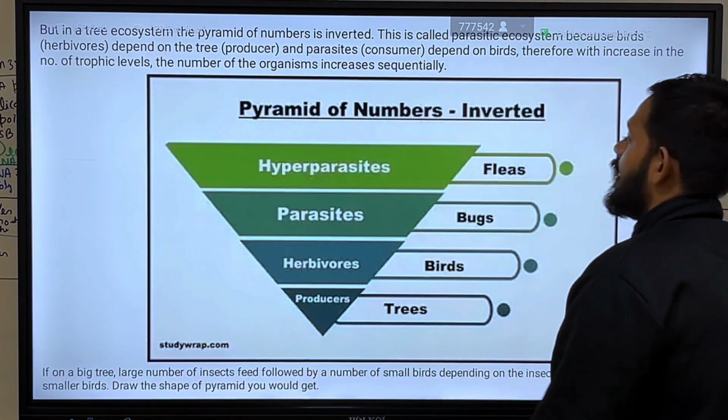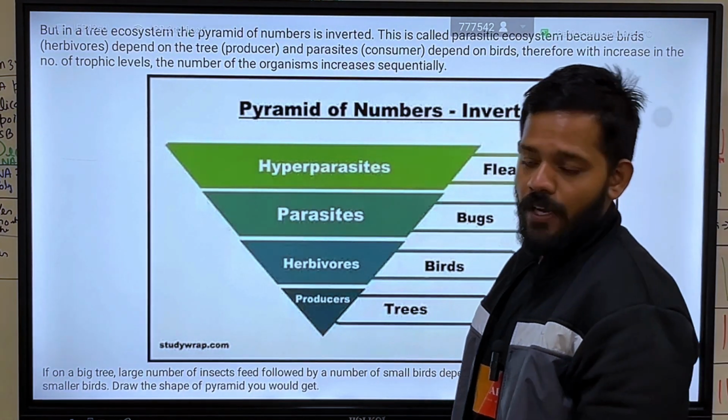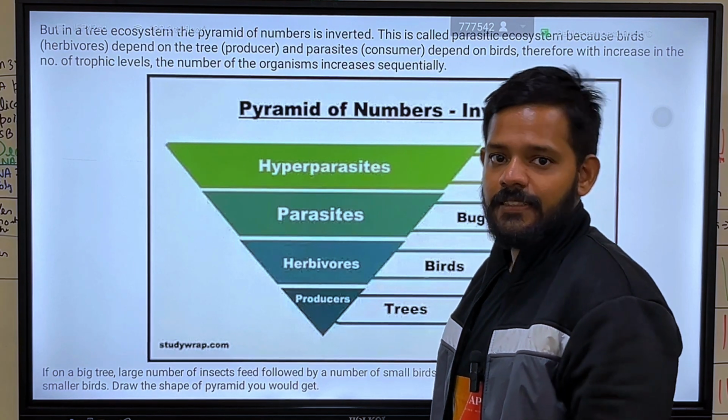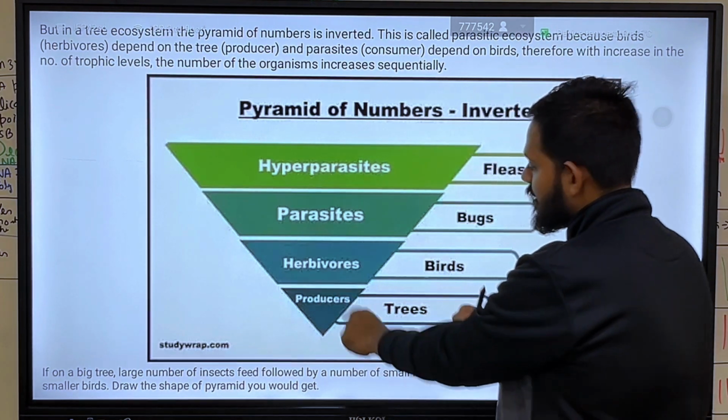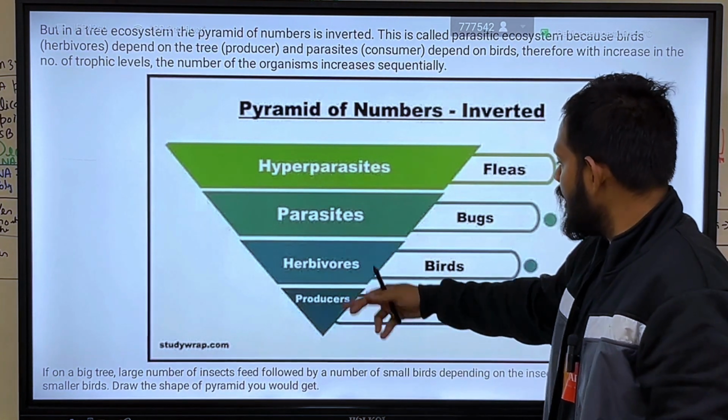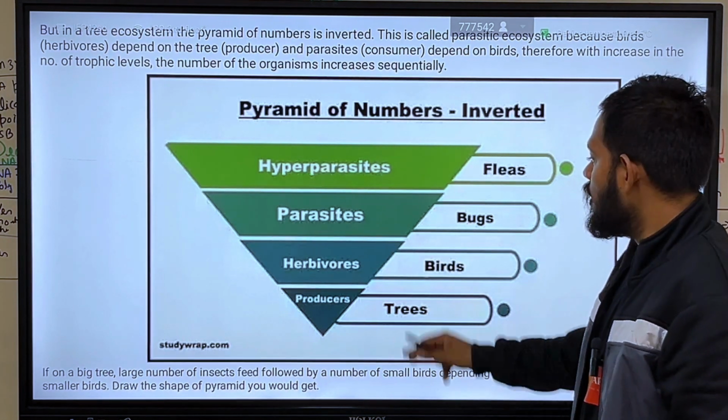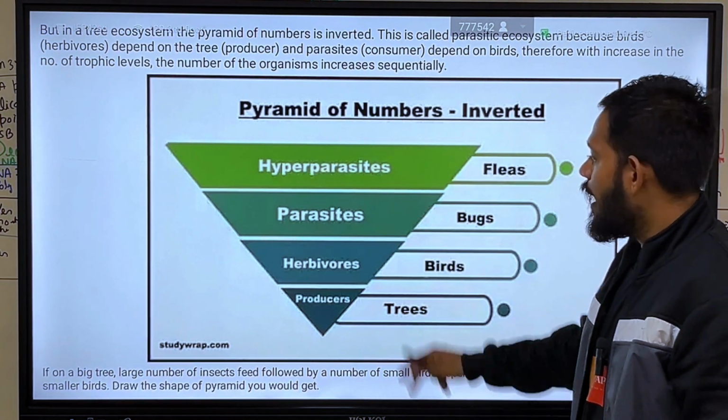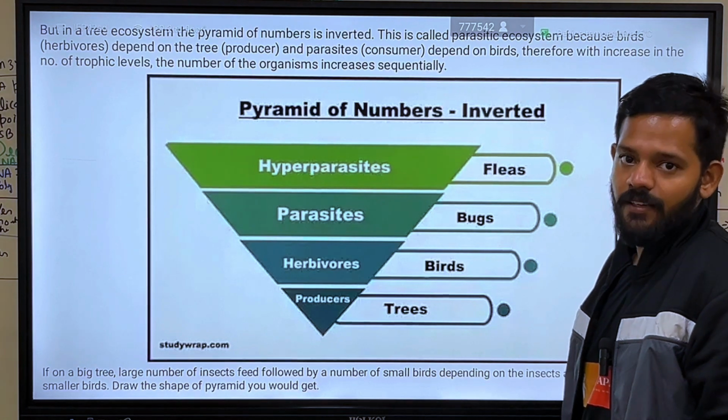But the ecosystem of a tree, where we are talking about a single tree, is inverted, because the tree is a single thing. On that tree many birds are there, on those birds many bugs are there, and on those bugs many fleas are there.